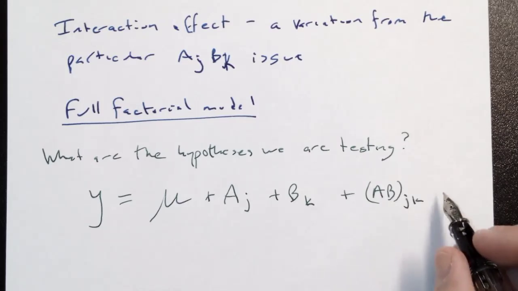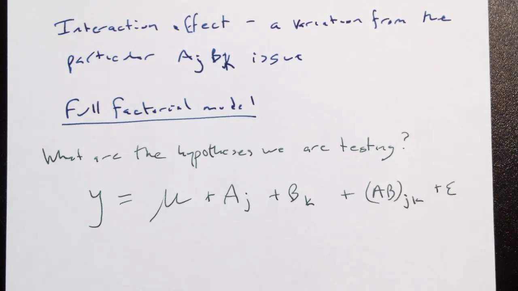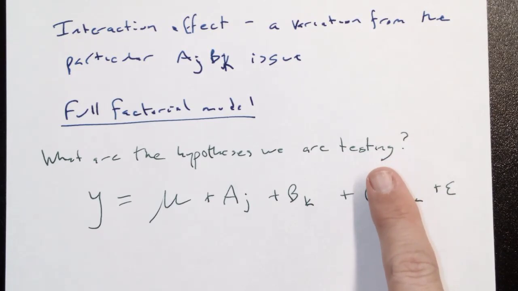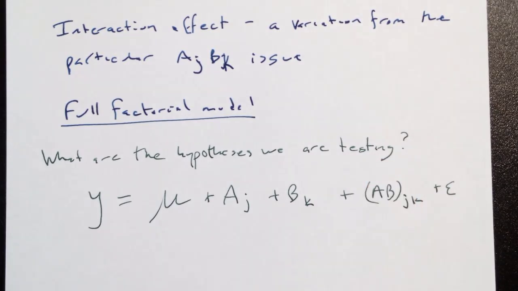Oh, and then there's some possible random error, which doesn't matter about J and K at all. So this is the new piece when we do replication. That's the piece that wasn't there in the other model. It was just A J and B K. Now we're adding this. So what hypotheses am I going to test here?